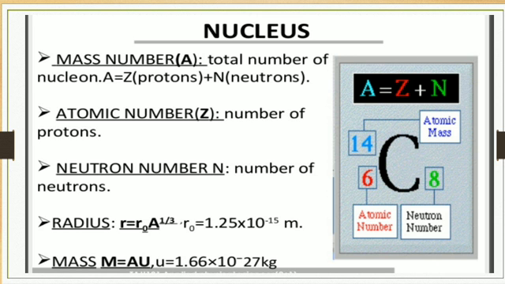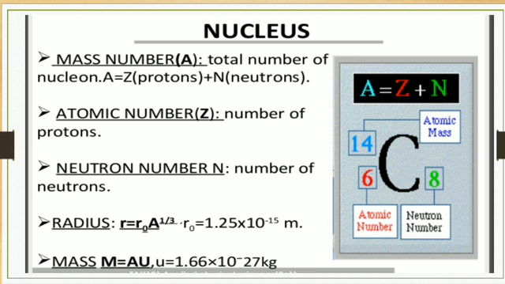The atomic number is represented by Z, based on the number of protons. The neutron number N is the number of neutrons.